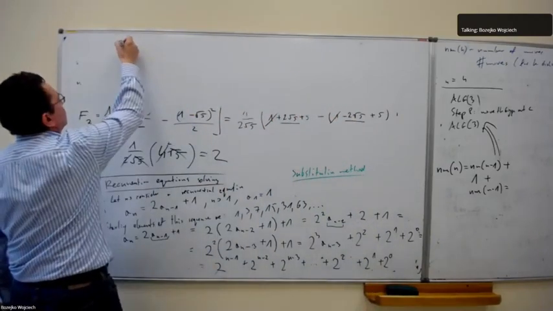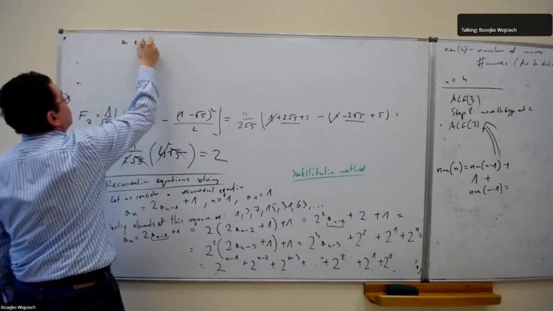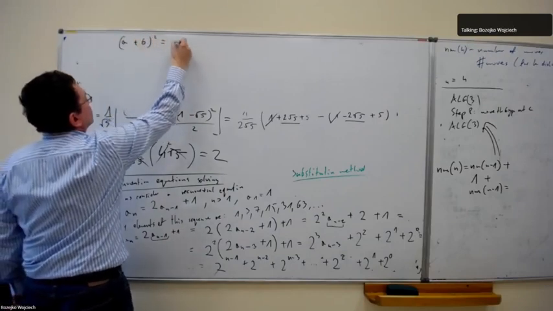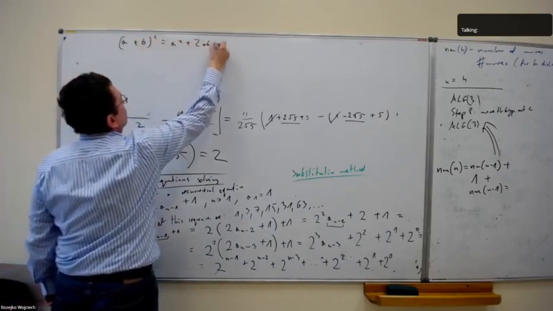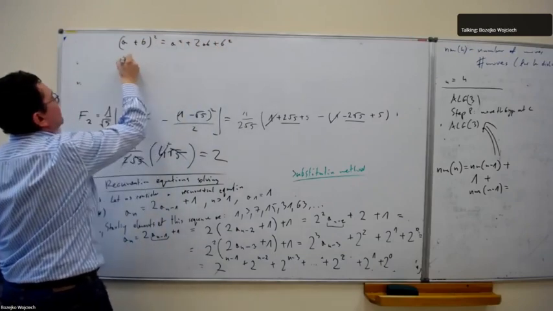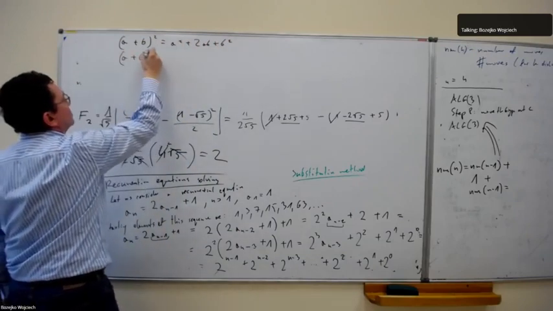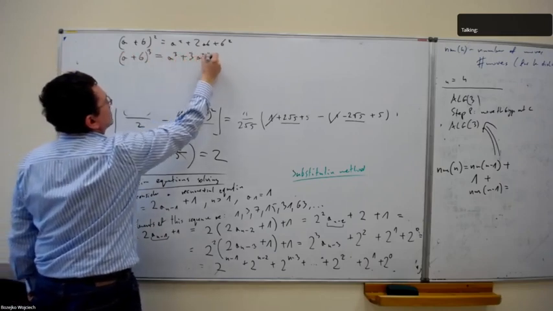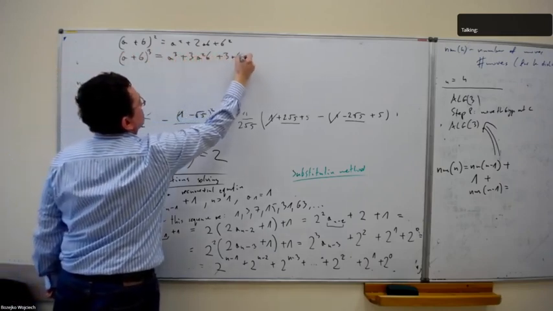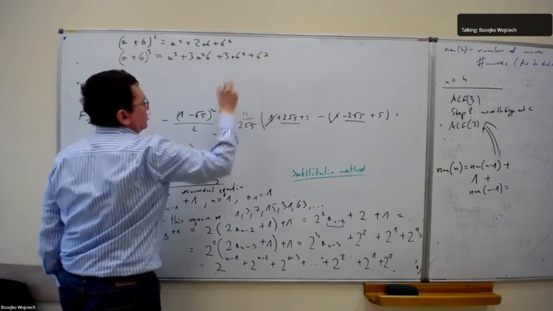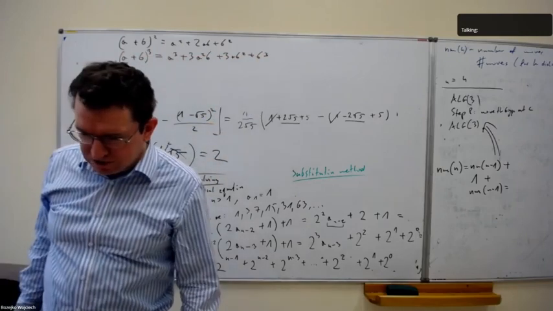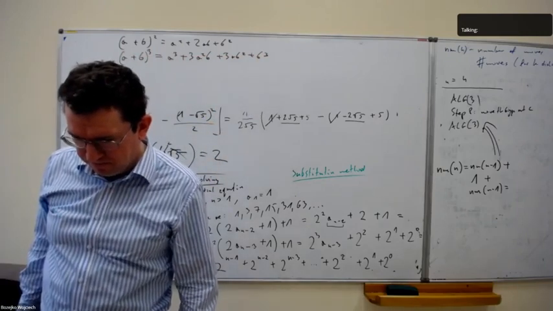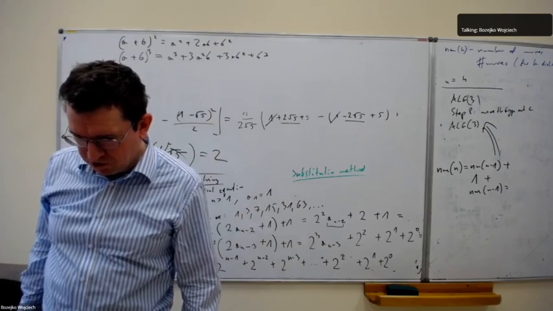As you know, a plus b squared is a squared plus 2ab plus b squared. Similarly, a plus b to the power of 3 is a to the power of 3 plus 3a squared b plus 3ab squared plus b to the power of 3. You remember these equations? Yes. Okay.